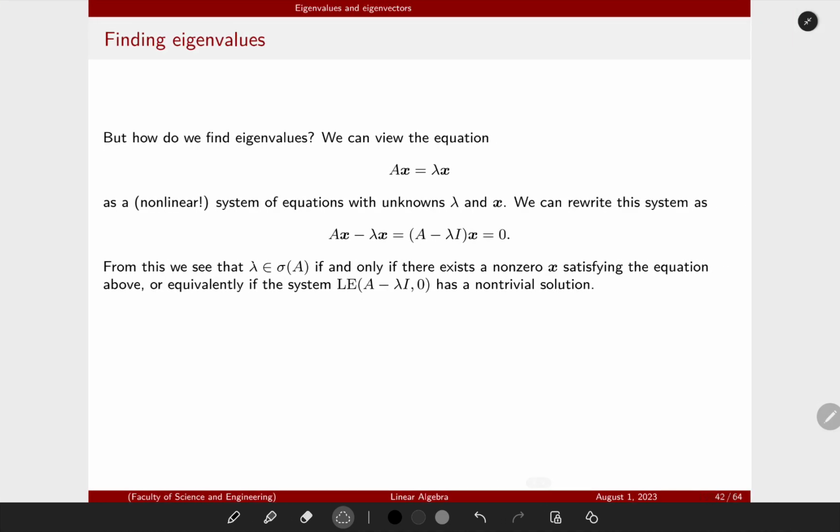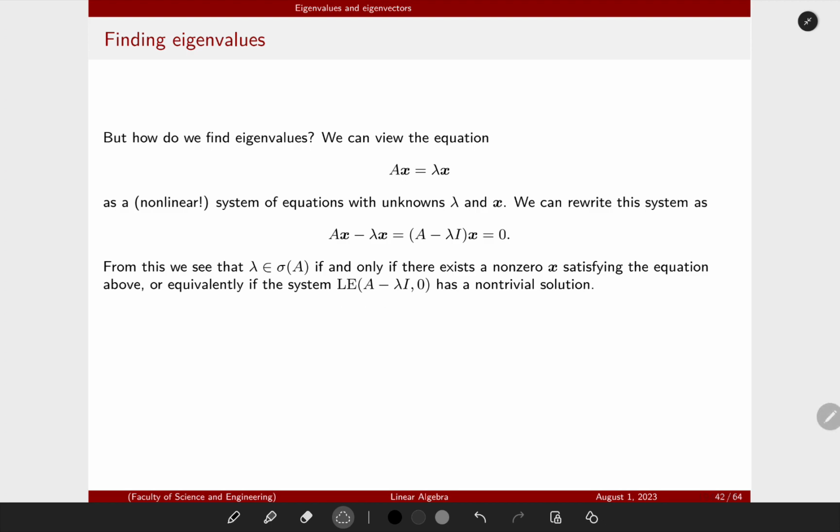From this we see that lambda is in the spectrum of A, so lambda is an eigenvalue of A, if and only if there exists a non-zero vector x that satisfies this equation. Equivalently, this linear system has a non-trivial solution. What we can remember from before is that if a matrix is non-singular, then this linear system has only a trivial solution.